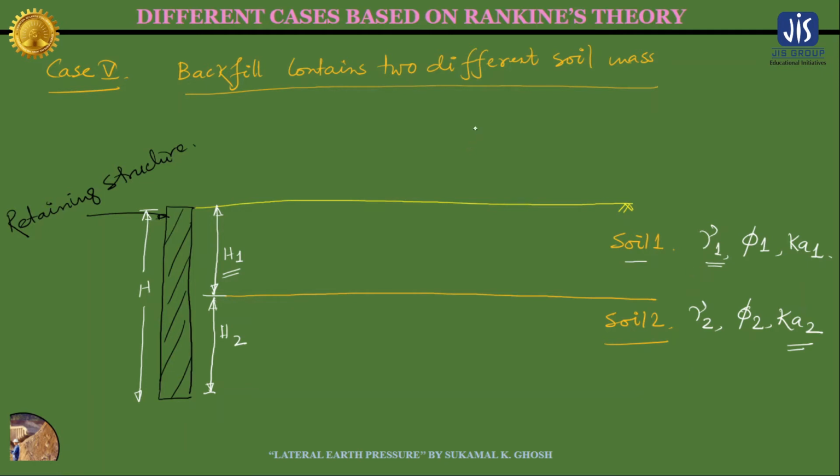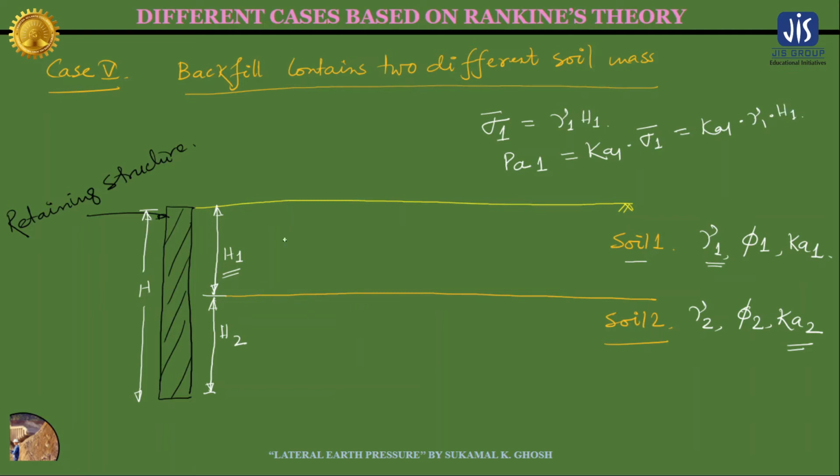It means the effective stress of soil layer 1 will be sigma bar 1 equals gamma 1 into h1, and that is why the active earth pressure of layer 1 will be Ka1 into sigma bar 1, which equals Ka1 into gamma 1 into H1.